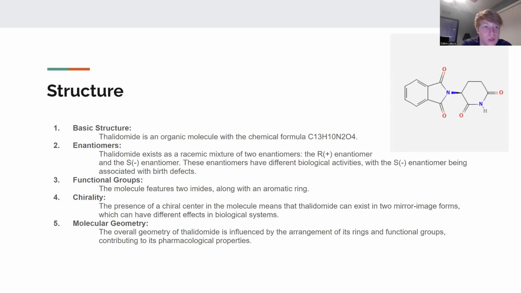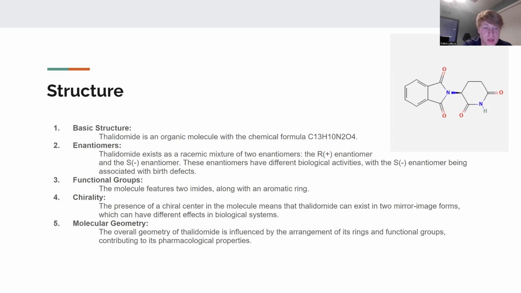So there are two enantiomers that exist, the R enantiomer and the S enantiomer, and they have different biological activities, with the S enantiomer being associated with birth defects, which is humorous because S means sinister or left.